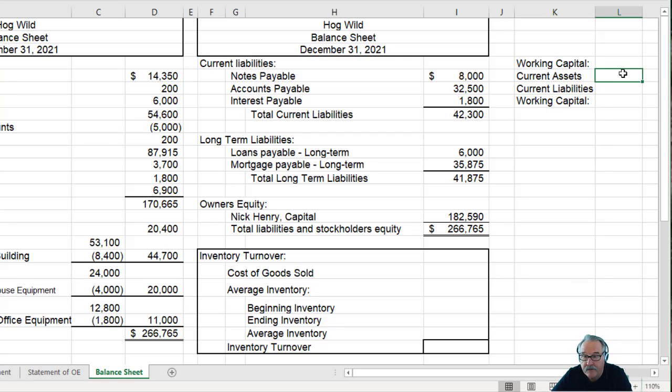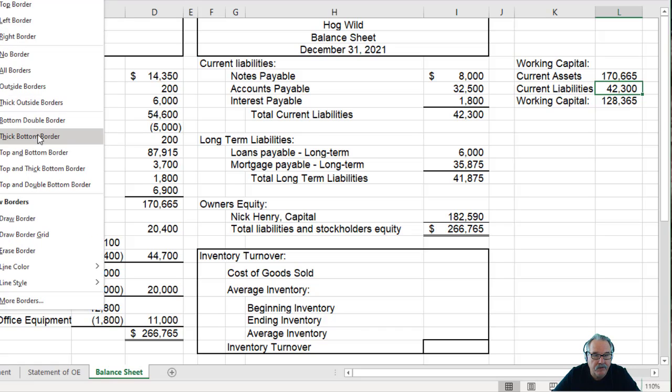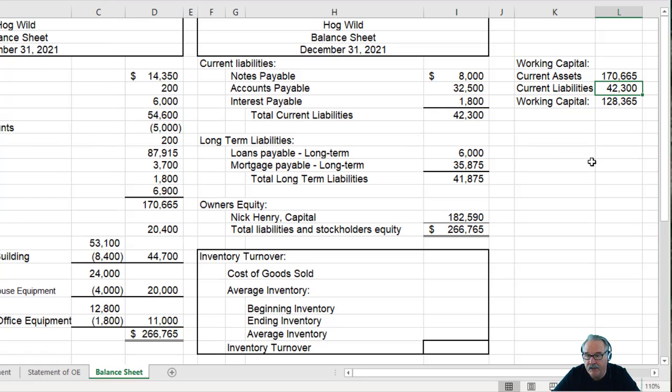Current assets is $176,665. Current liabilities, $42,300. So we have working capital of $128,365. And we'll put a thick bottom border on it.